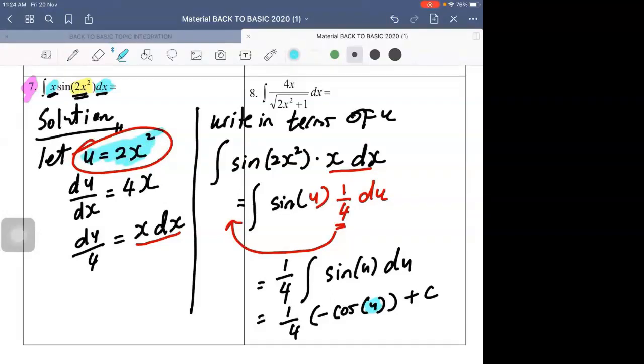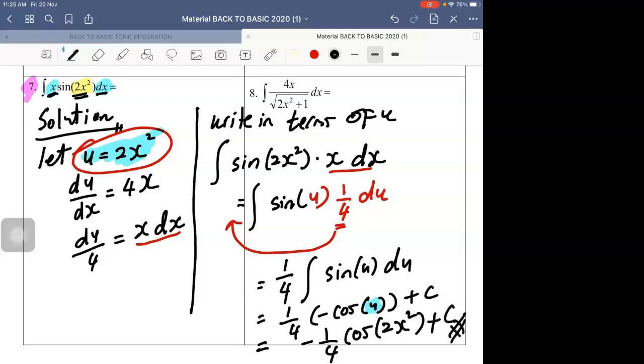The final answer should be in terms of x, not u. We let u just to simplify our integration. When we have multiplication of two functions, that function can be differentiable, meaning we let u, then it can be differentiated. So when you substitute back, the solution should be negative 1/4 cos of 2x squared, and then plus c. So this should be your solution, your final answer.